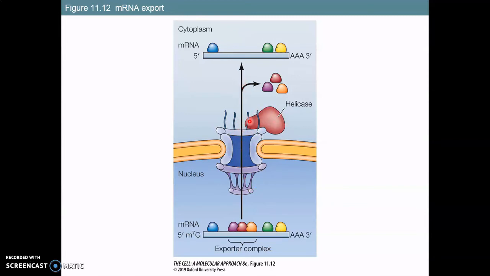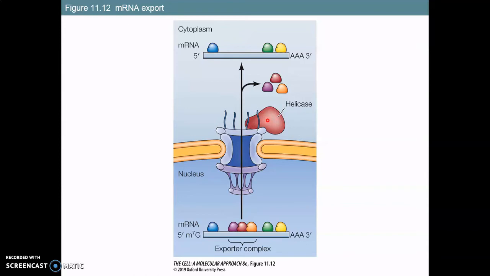Now, sitting right here at the exit to the nucleus is something called a helicase. If you recall, helicase is a protein that can move along a single-stranded nucleic acid. In this case, it's RNA.